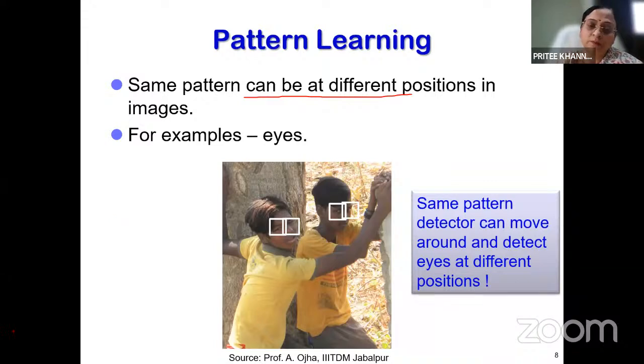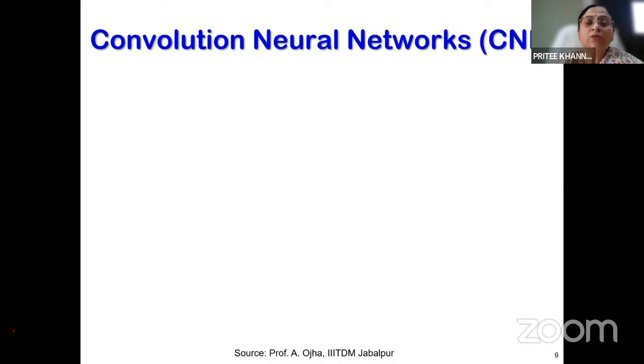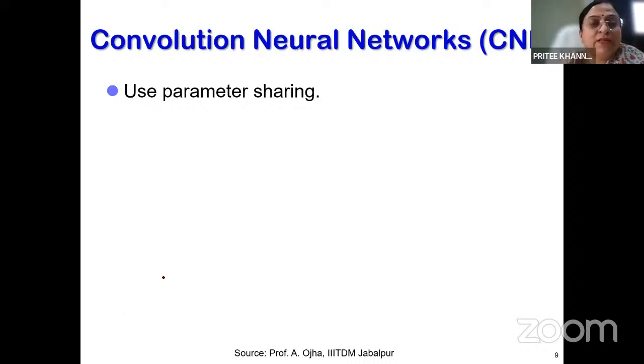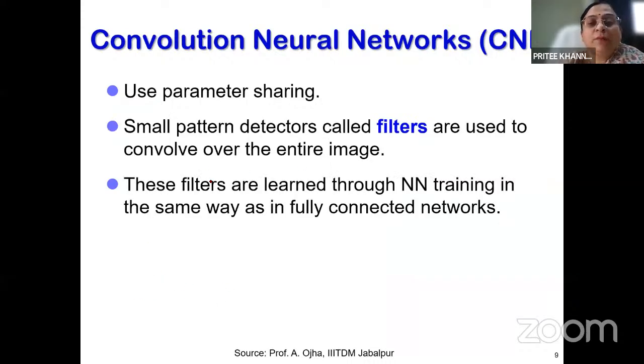So now we come to convolutional neural networks, which allow us, as I told you, local connectivity and sharing of weight parameters. Here they use parameter sharing. I showed you an example of this eye detector, a small pattern detector that we call filters.